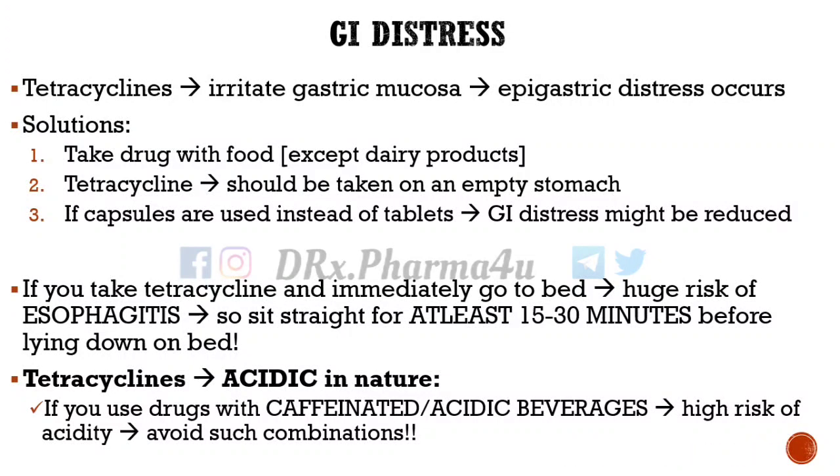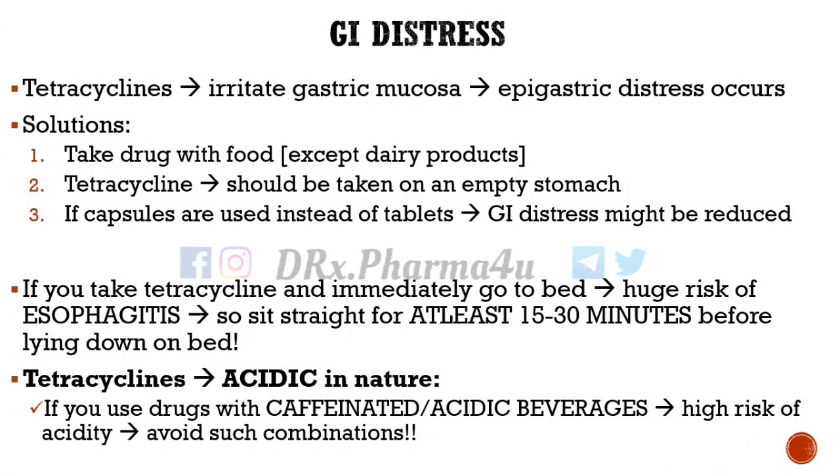If you want to reduce GI distress due to tetracycline, you can use capsules instead of tablets. If a particular tetracycline is available in capsule form, that can be preferred for people already suffering from GI problems, as GI problems may be reduced.